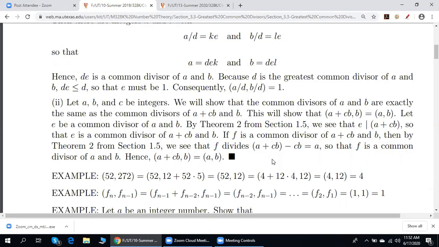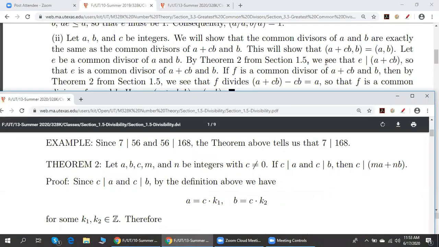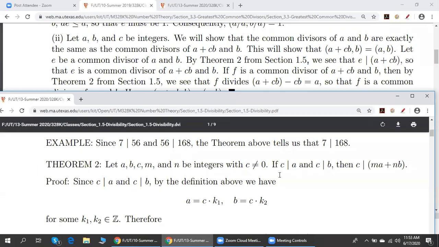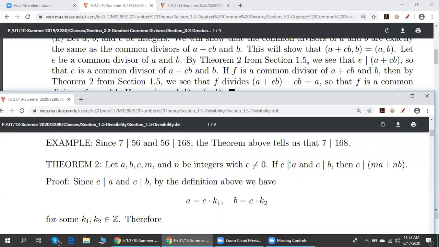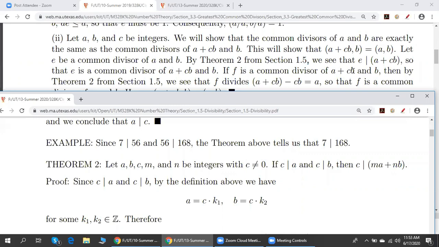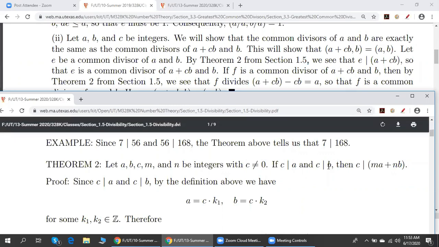Could you explain one more time why we get the A plus CB minus CB? Yes. Please take a look at this. Over here, we know that F is a common divisor of this and this. So I'll replace in Theorem 2 A by A plus CB and leave B without change.